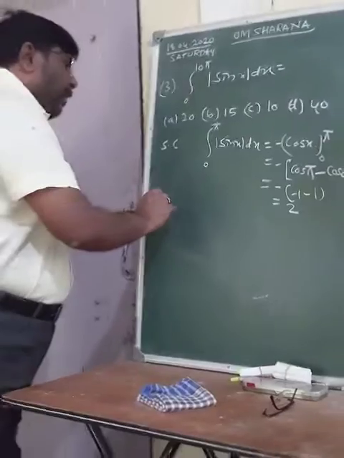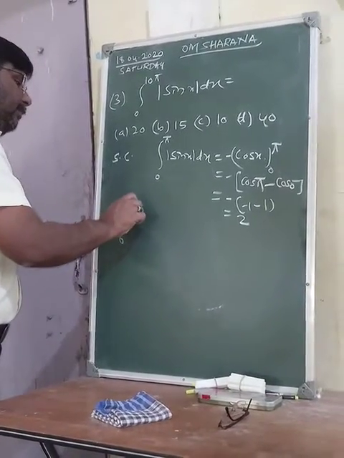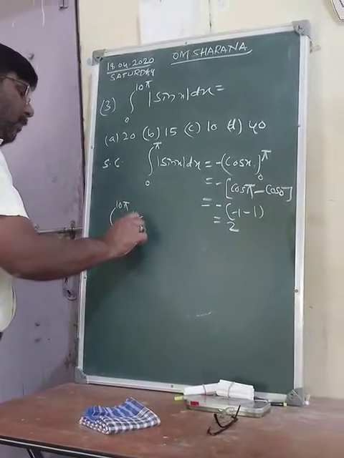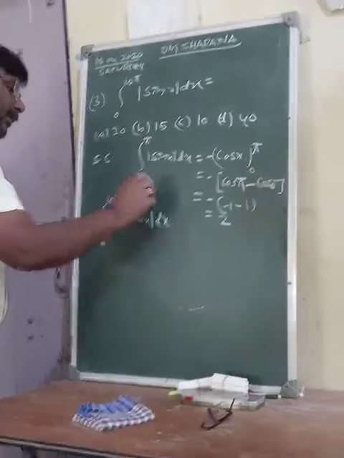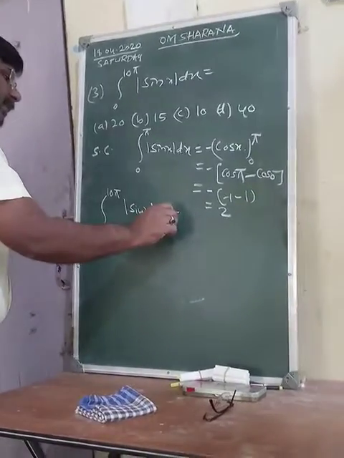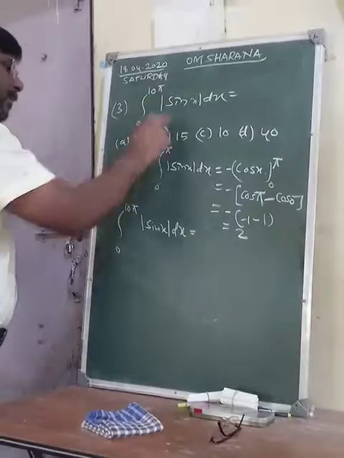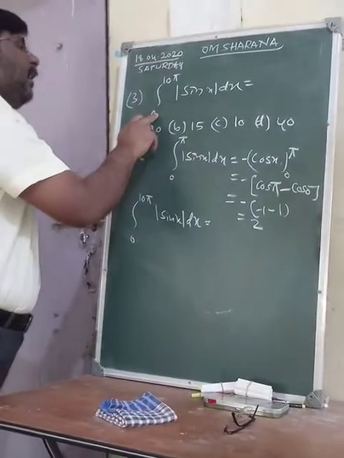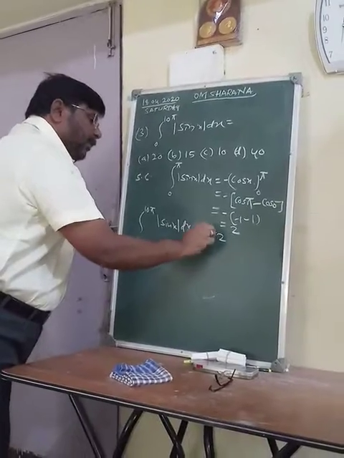After that our integral is 0 to 10 pi modulus of sin x dx equals to, what is the integration of 0 to pi modulus sin x dx? It is 2.